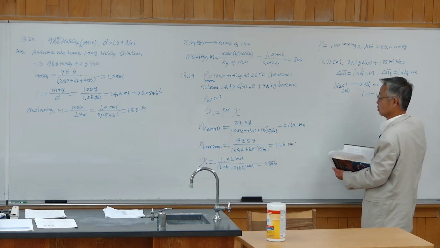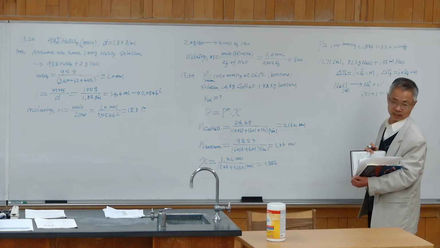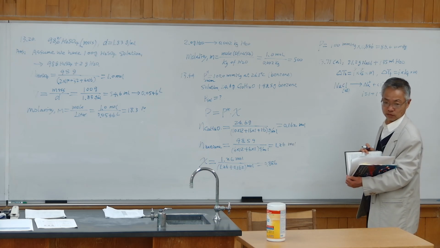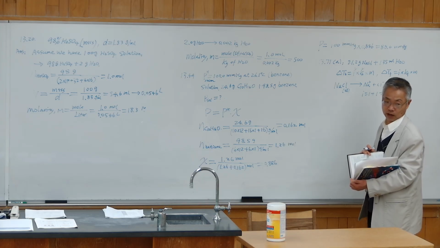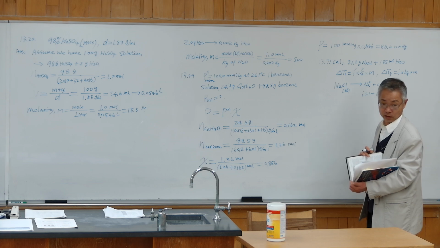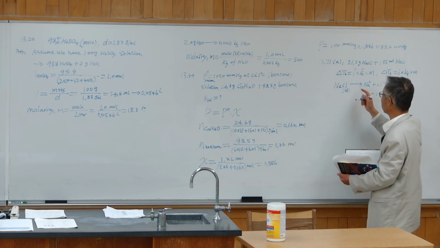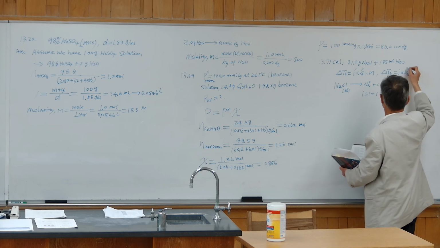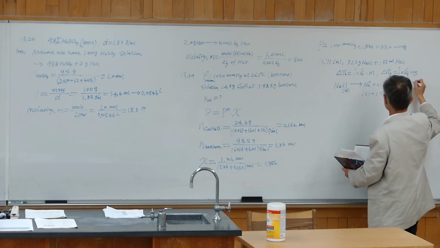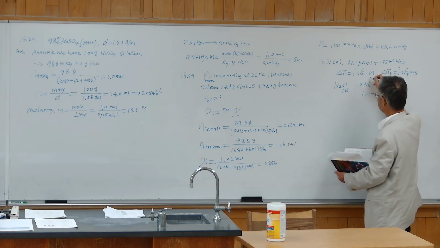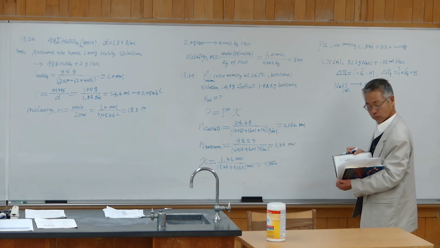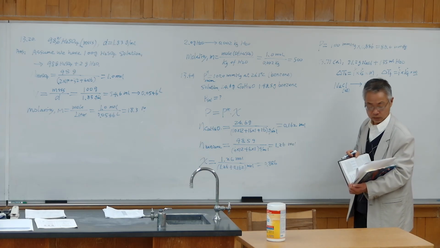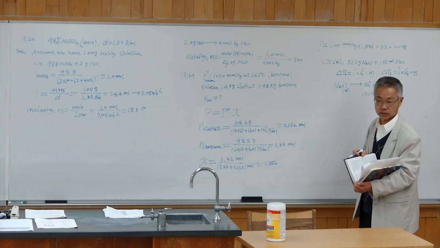Kf you can find from the table. For water, Kf is 1.86, Kb is 0.52. Then what you need to do is just find m. So for both boiling point and freezing point, you need to find out molality.